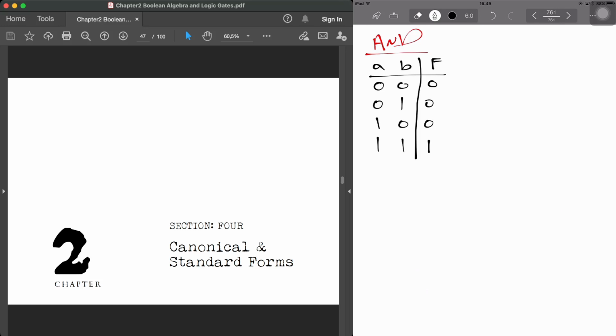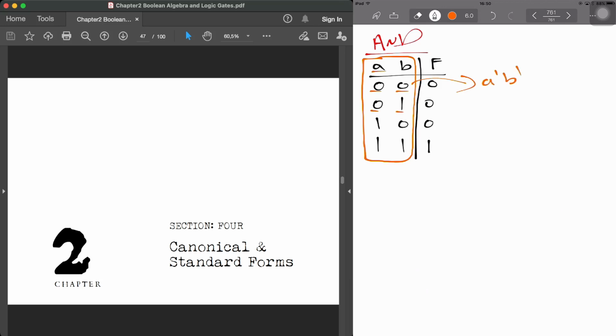Now, we can write this as an expression, as a variable. What do we mean by that? As both are 0, we are assuming A should be valid when it is 1, so A is 0 means A prime, B is 0 means B prime.